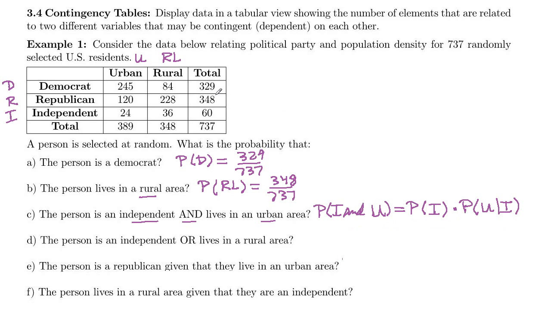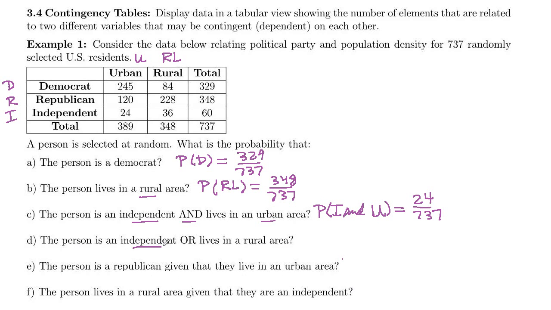But actually, we don't need that here. We would get the same answer, but actually these values in the table are "and" probabilities. So independent and urban area, independent and urban, there were 24 out of 737, desired out of total. So that's all we needed there.